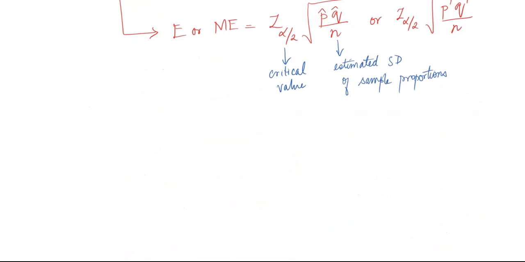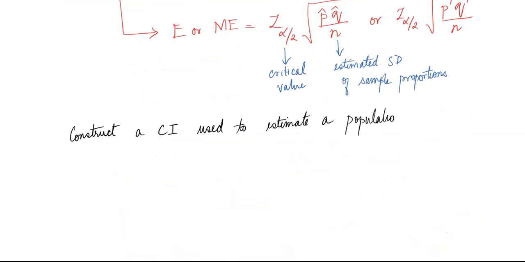It says, construct a confidence interval, CI, used to estimate a population proportion, P. Okay, so this is what we're trying to do.